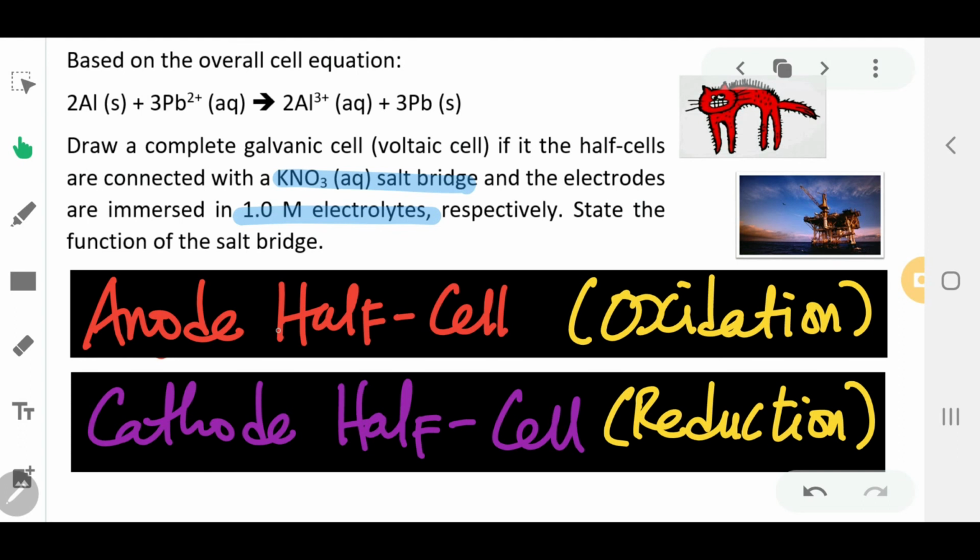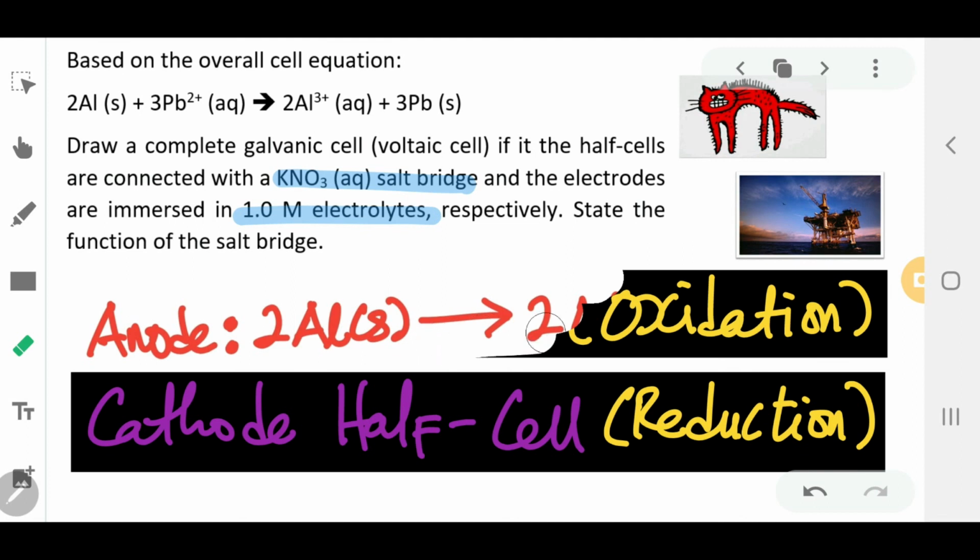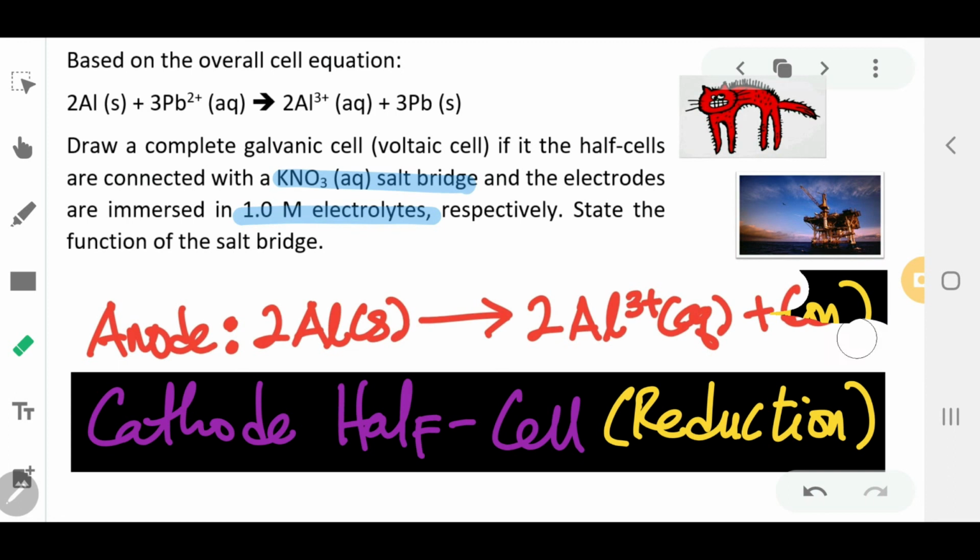So now you can guess that the anode half cell, oxidation, losing electrons, will be for the aluminium. So you have lost electrons over here, therefore aluminium will be at your anode.